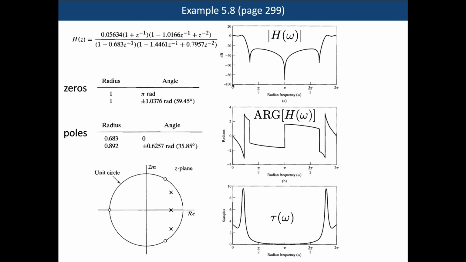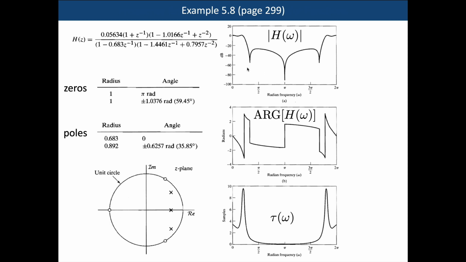So here at frequency 0, which corresponds to the point right here on the real axis, the point at 1, we're close to some poles, and that's tending to push the response up. We're far away from the zeros, which are pulling the response down.